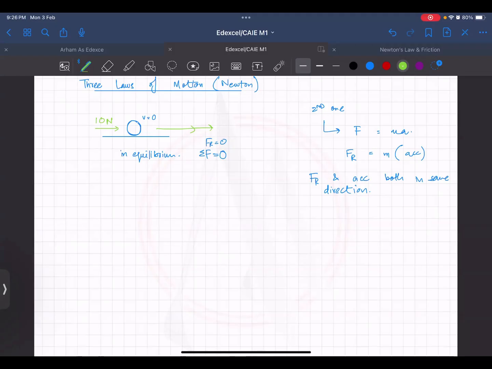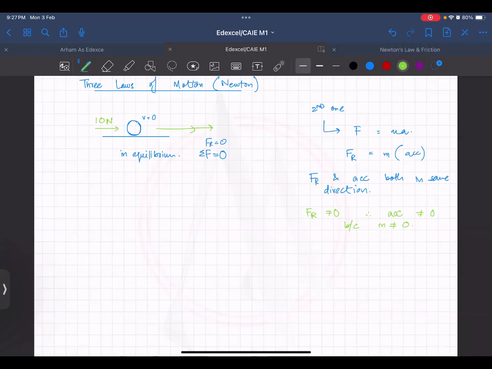So whenever your resultant force is not equal to zero, then your acceleration is also not zero, because mass cannot be zero, isn't it? Mass will always have a value. Mass cannot be zero kg.